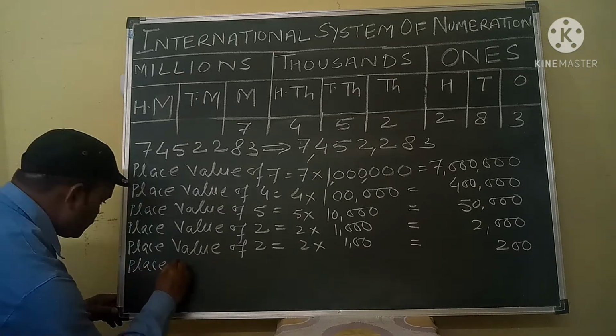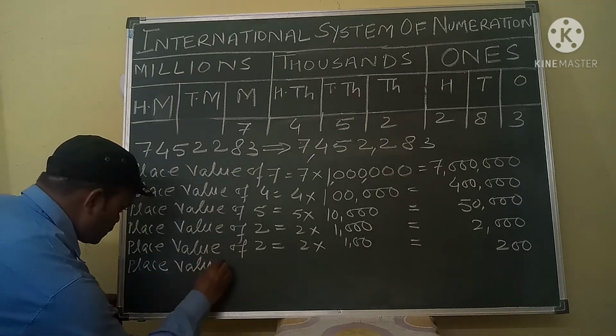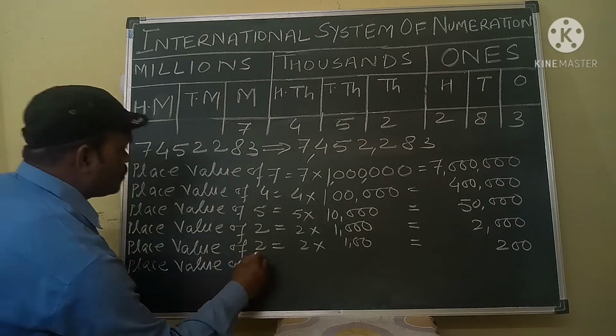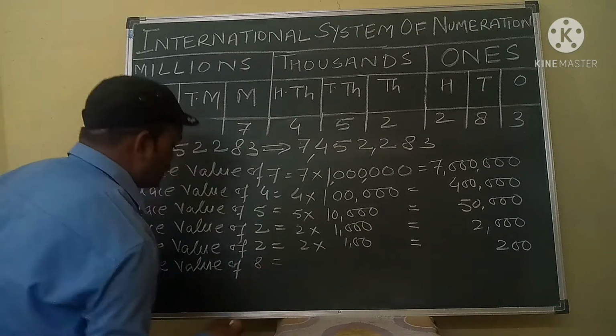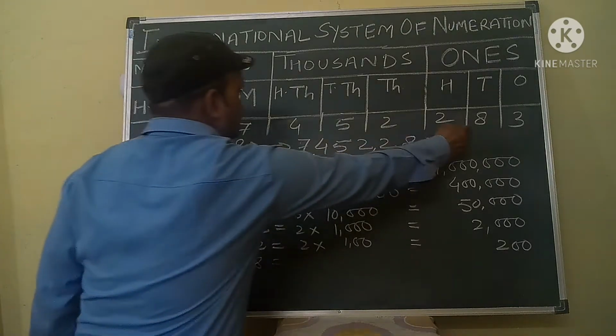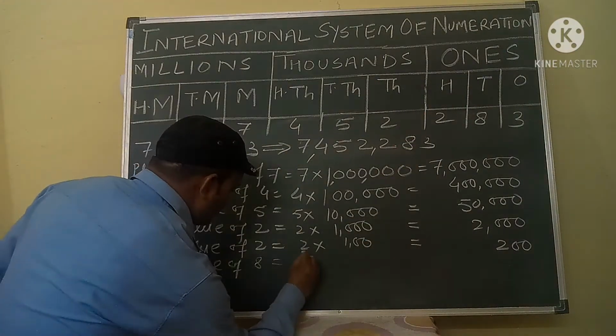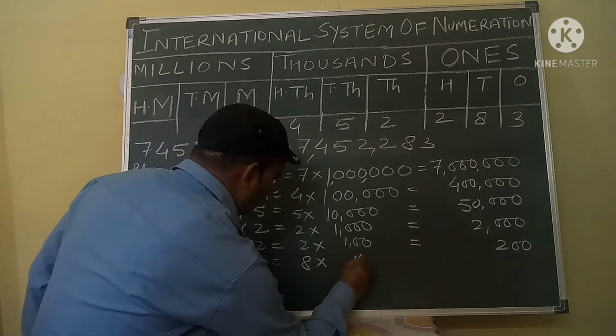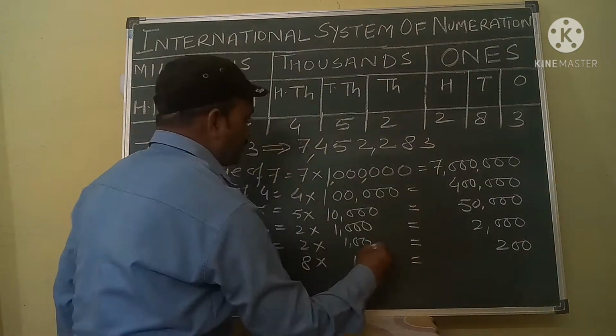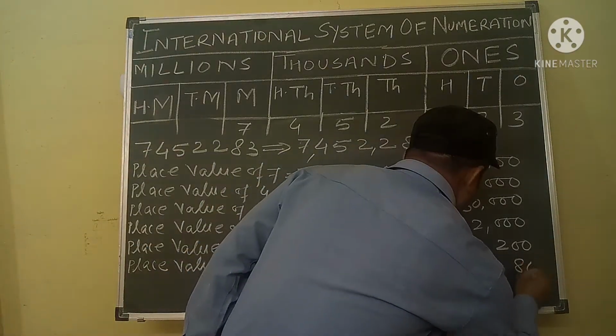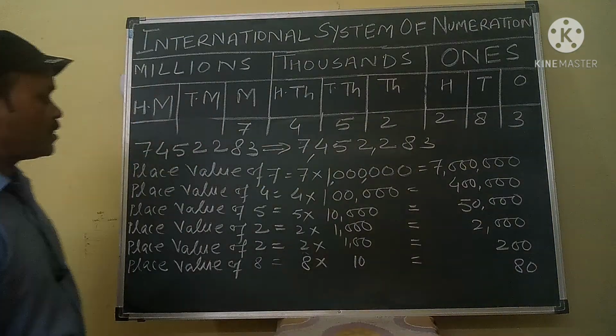Again, we will take out the place value of 8. Place value of 8 will be, 8 is in tens place, so 8 multiplied by 10, it will give you 80. Okay.